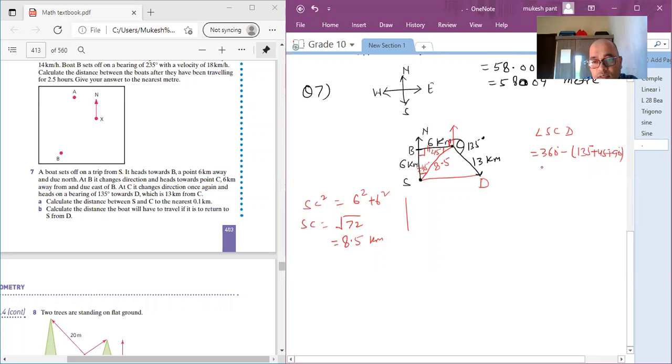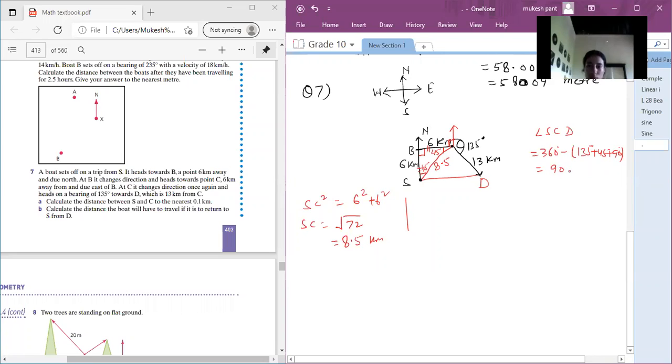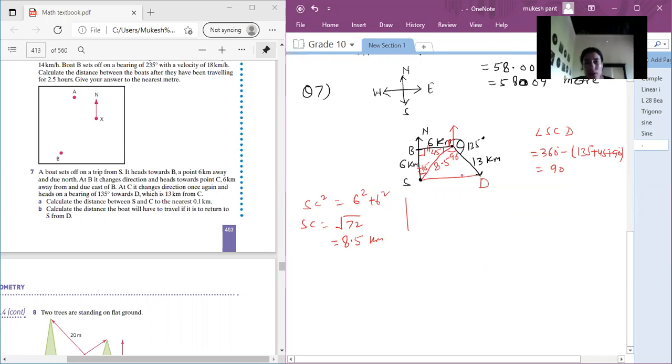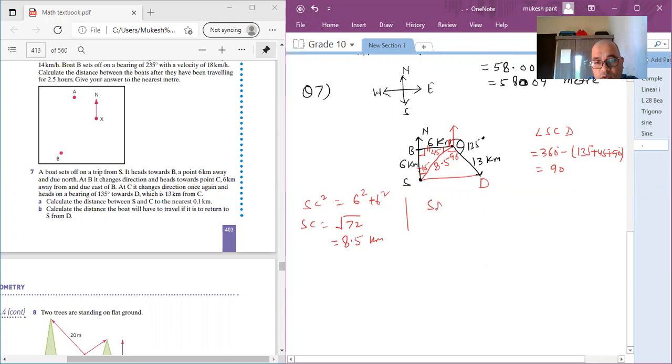If I'm not wrong, the difference will be 90 degrees, right? Yeah, but check once. Okay, 90 degrees. So if it is 90 degrees, we can use the Pythagoras theorem. In this case, SD square will equal 8.5 squared plus 13 squared. So SD will equal the square root of whatever that is, and then you can write that, guys.